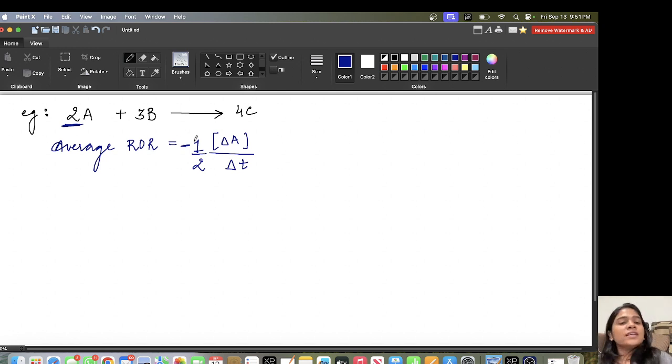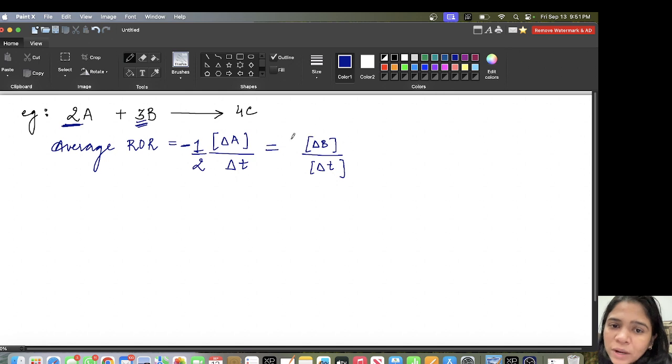This is how you find the average rate of reaction, which is also equal to, now can you write it with respect to B? Delta B by delta T, it is not necessary to write T in brackets. The coefficient of B is 1 by 3, and since its concentration is decreasing, we write a negative sign.